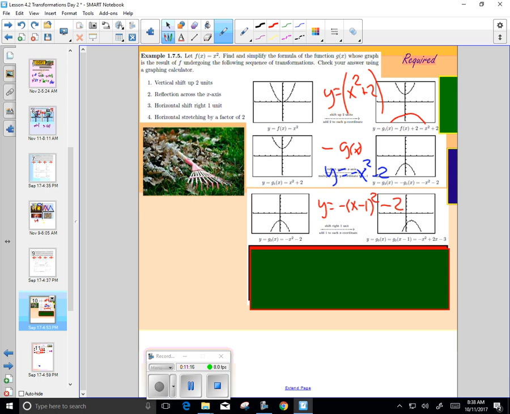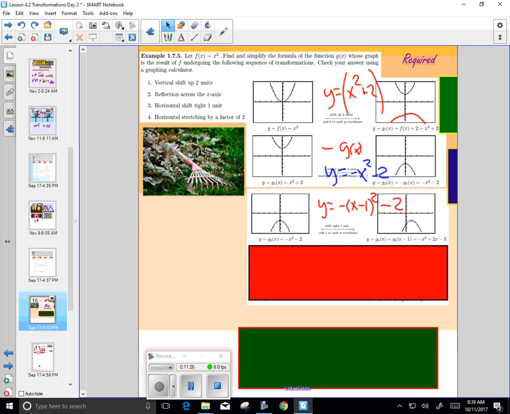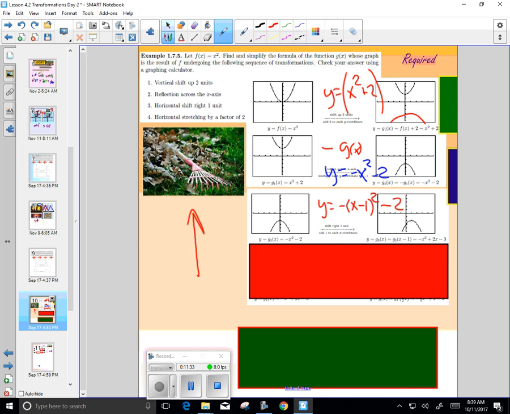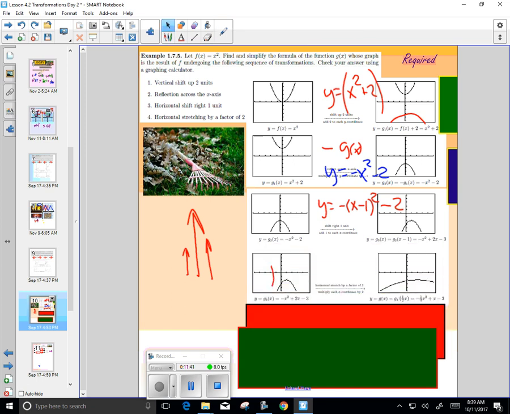And then the last thing is a horizontal stretch by a factor of 2. So then we take this whole thing and multiply it by what? If it's vertical stretch, remember the boxes? If it's a y stretch vertical, then what happens is you just multiply the whole thing by 2. And I think what they did is they just took this and multiplied by 2.